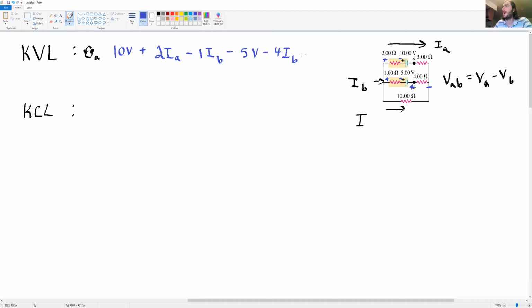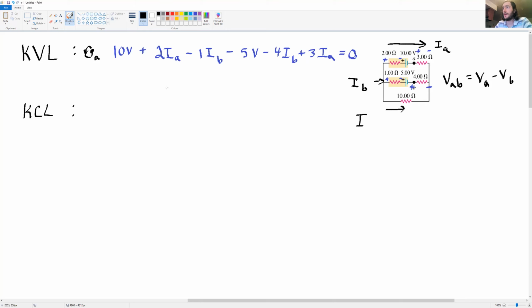And then as we come up the right side of that loop, we reach the 3 ohm resistor in the top right, and the polarity of the voltage on that 3 ohm resistor is like this, and so that is a voltage gain of 3 times IA, and this should be equal to 0 because I've returned to the point A. Whenever I return to my starting location, that's when I put equals 0.